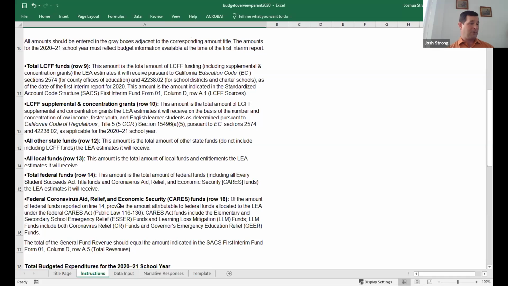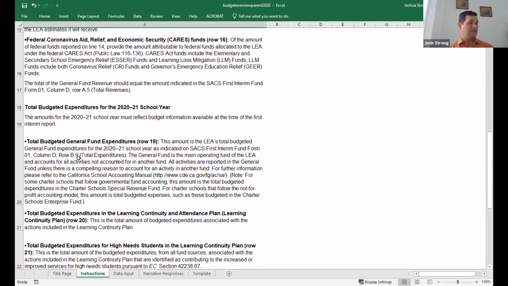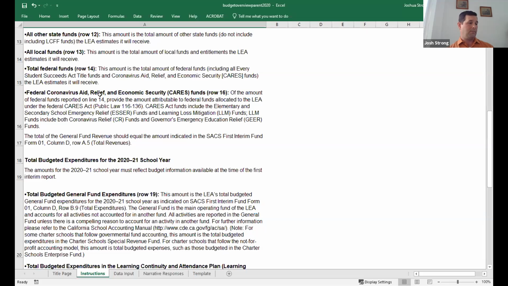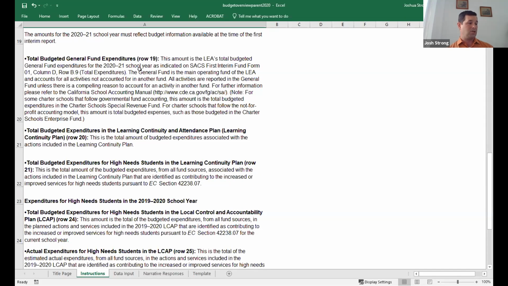So for example, right here, when we get to the federal coronavirus, or the Federal CARES Act funding in row 16, it tells you that these should include the ESSER funding, learning loss mitigation funding, coronavirus relief funding, and the GEER funds, okay? When we get down here to the total budgeted expenditures, it will actually refer you to the SACS first interim fund form 01 and give you the column and the row number for those particular pieces.